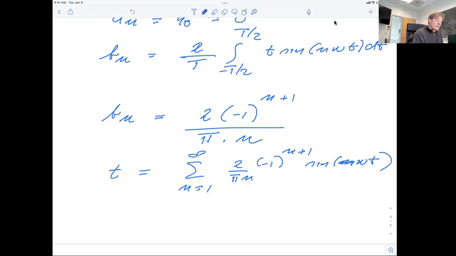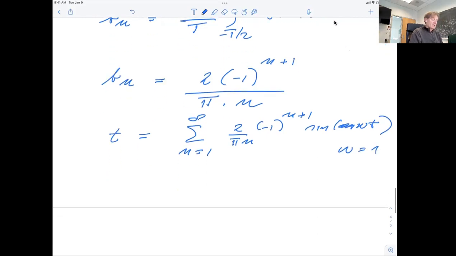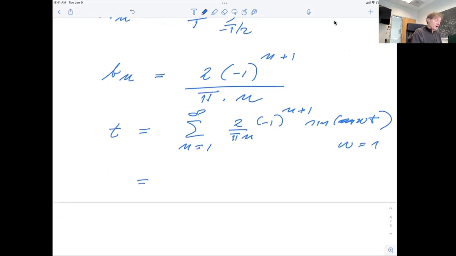Actually, in this case, I'm going to put omega equal to 1. So this is simply going to be given by the sum from n equal 1 to infinity of 2 divided by pi n, times minus 1 to the power of n plus 1, times sine of n pi t.